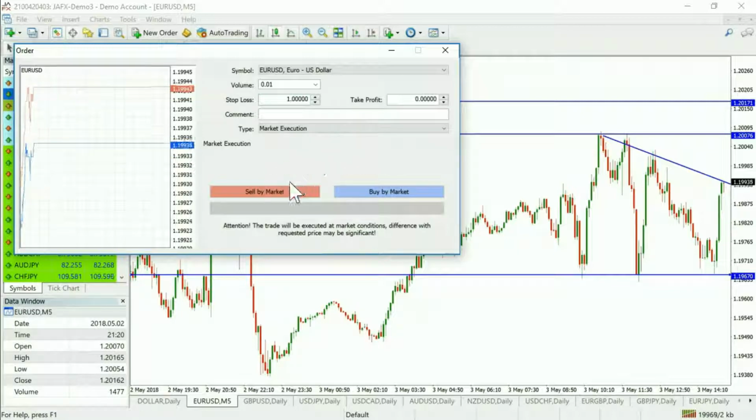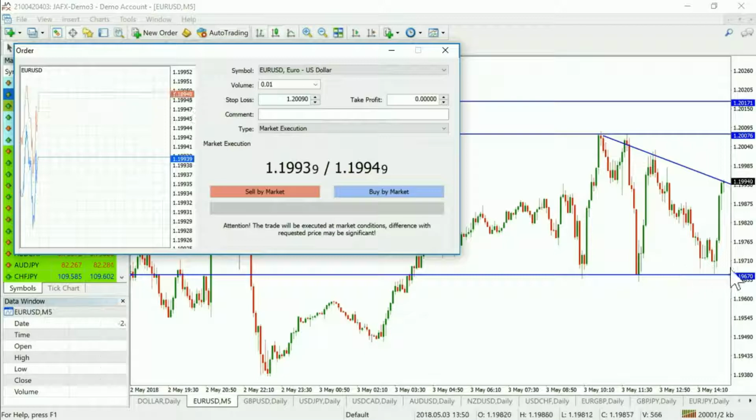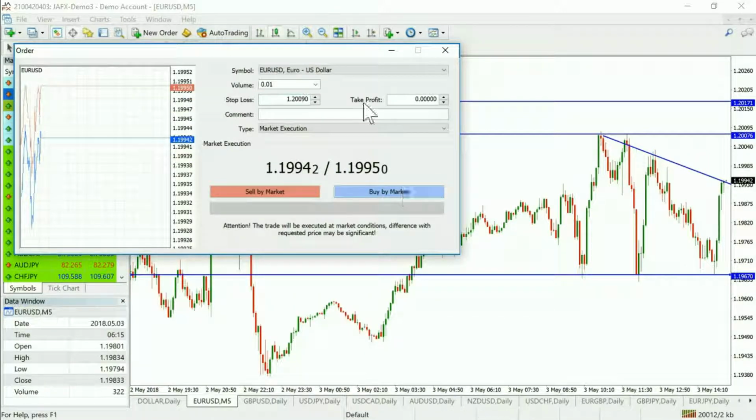That's the price we're currently looking to sell this market. And we're going to place our stop loss at the 2009 level, 1.2009. We can place as a stop loss, and we want to take profit just around these lower levels. So let's say the 1971 is where we're looking to take profit from, 1.1971.